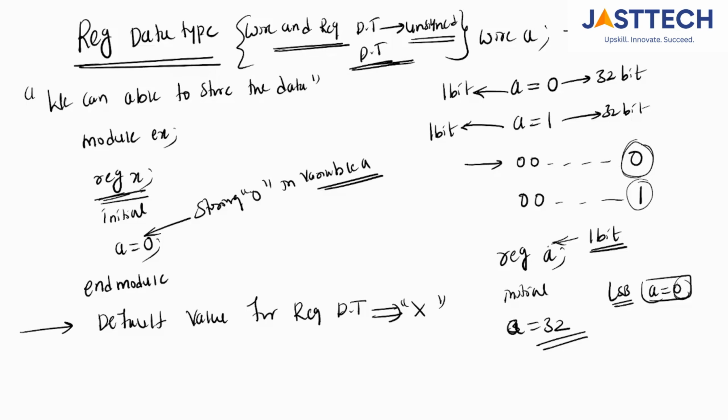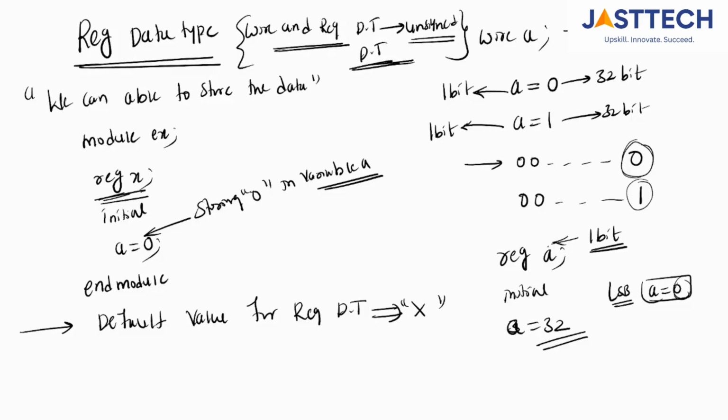So next, after the wire data type and reg data type, is vectors. Vectors are nothing but grouping multiple bits into a single variable. As we discussed, wire a and reg a are single bit only, holding a single bit of value.